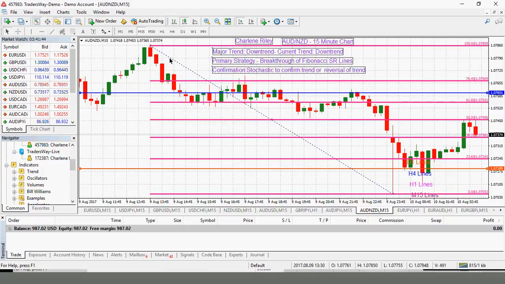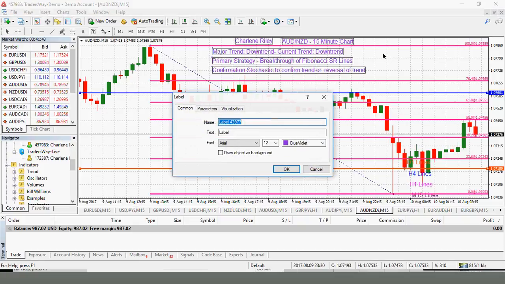Now, I have been using a risk-reward ratio of 1:1 and a pip value of 10 cents.